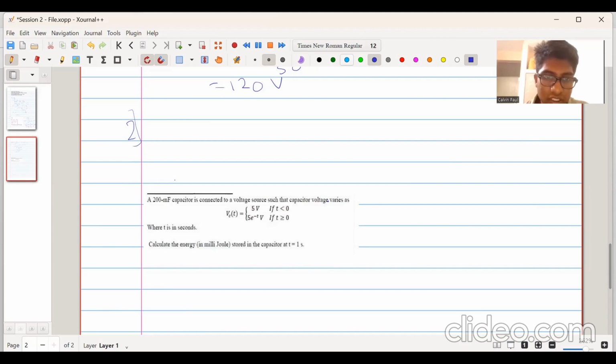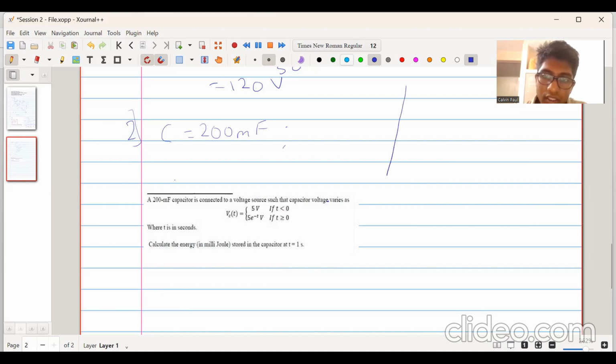So this is the thing. There's a 200 millifarad capacitor. The voltage across the capacitor varies as follows: Vc of t is 5 volt for t less than 0, and then it is 5 into e raised to minus t for t greater than or equal to 0.